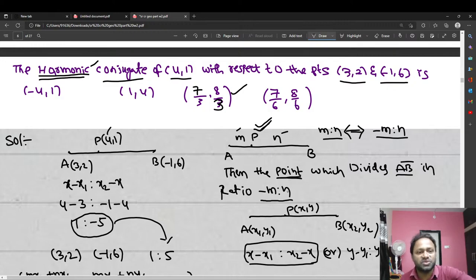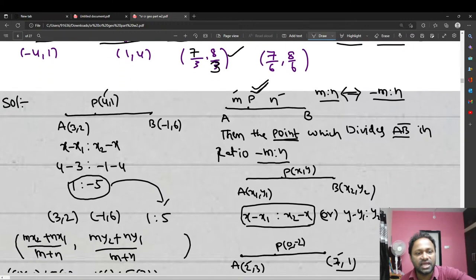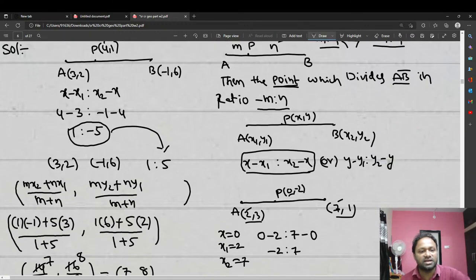So to find the harmonic conjugate, first of all I got this ratio, and the negative ratio will be 1:5. From that I substituted and I got the point 7 by 3. Most of the people are saying 7, right?